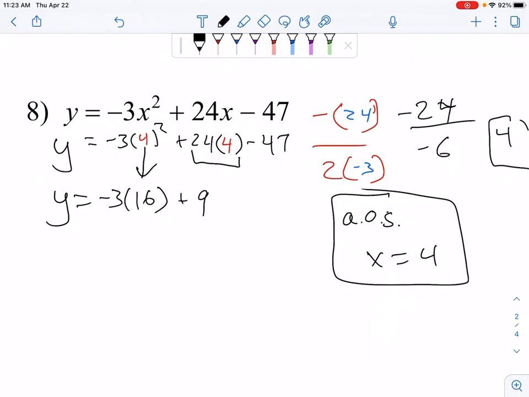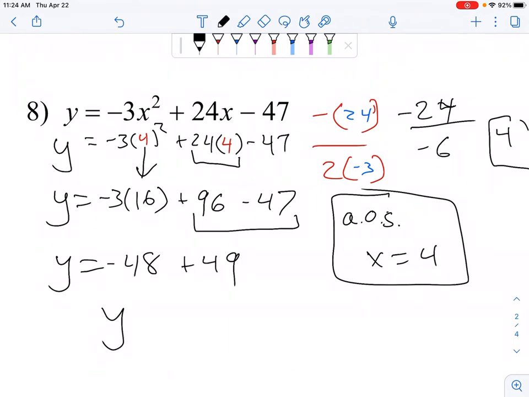So plus 96 minus 47. And so now we're working with negative 3 times 16, which will give us a negative 48. And then if I put these together, that's going to give me a positive 49. So y equals 1 when we put those together.